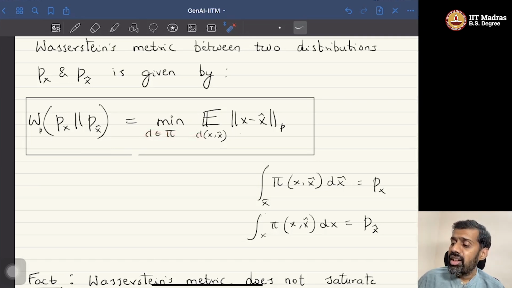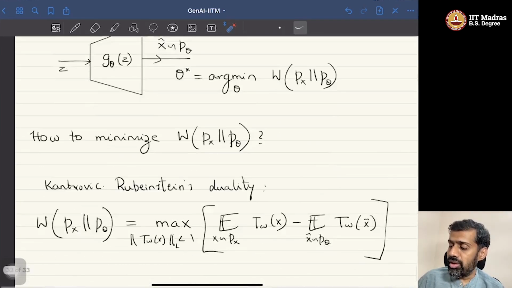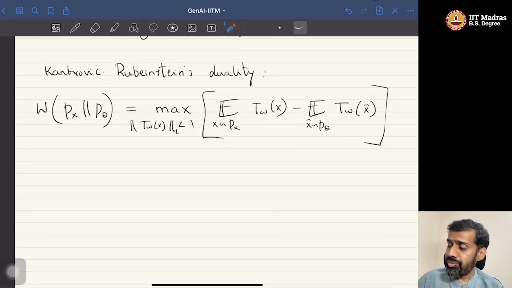So basically the Kantorovich-Rubinstein duality is a dual for this primal optimization problem, which will involve maximization over a function tw of x. Okay, and there are expectations with respect to x coming from px and x cap coming from p theta. We know from our analysis so far that we can compute this sort of expectation using sample averages. This looks very similar to the f divergence minimization objective that we had, but for the absence of f star here. But these can be computed.